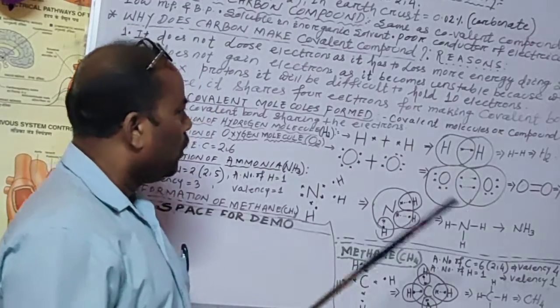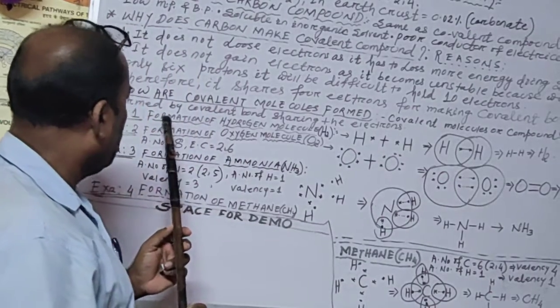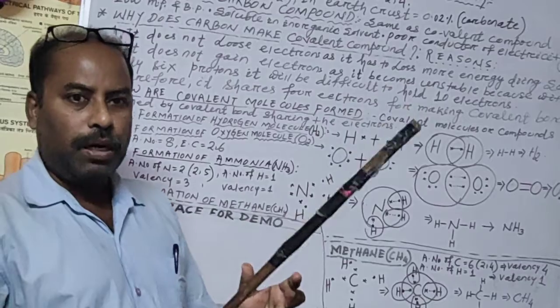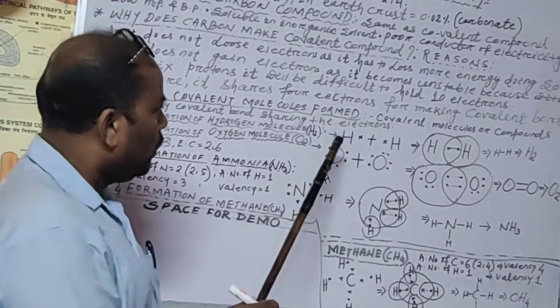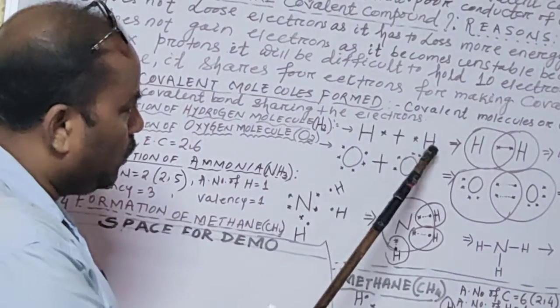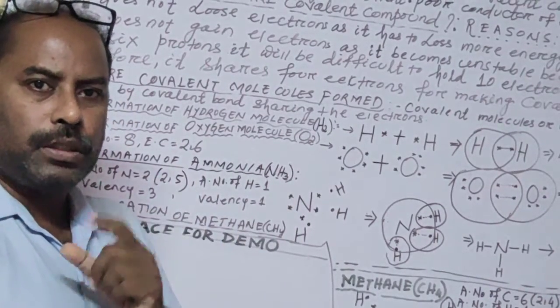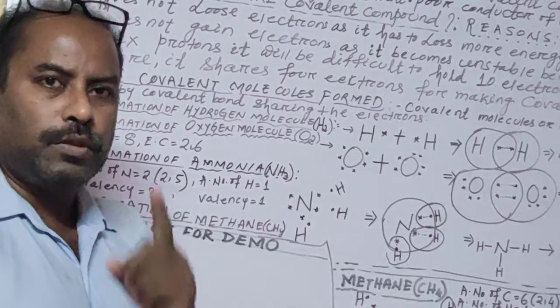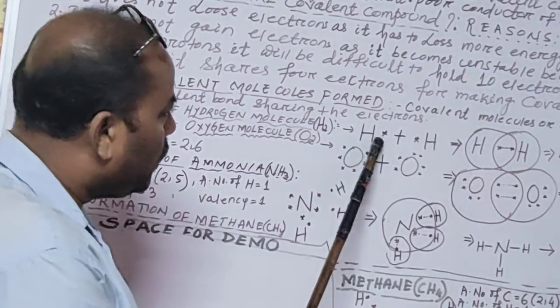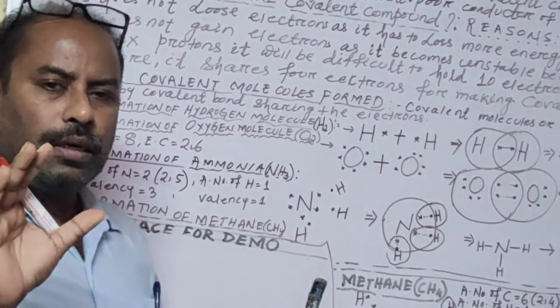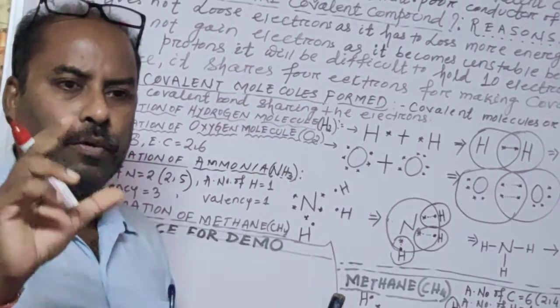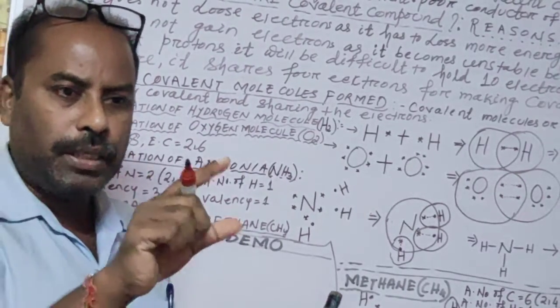First let me explain how the hydrogen molecule is formed by the covalent bond. You see, the atomic number of hydrogen is 1. Its number of protons is 1. Its number of electrons is 1. But any atom has to complete its first orbit, or its last orbit.